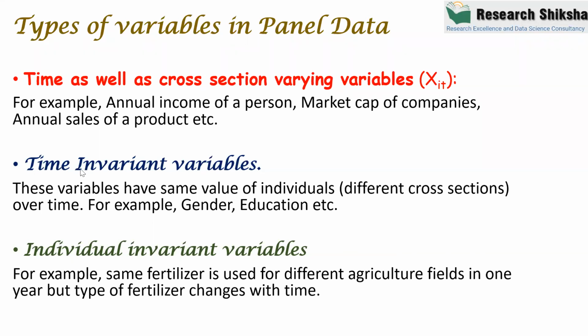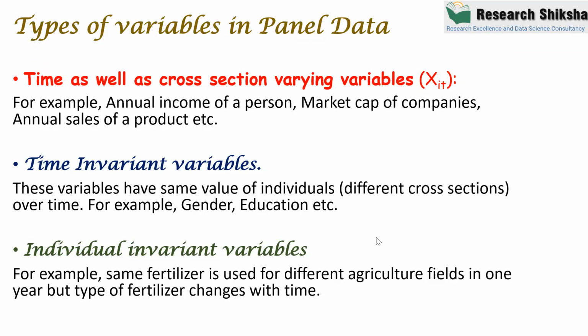Okay. Second is time invariant variables. For example, do you think the gender of the people will change with time? The answer is no. So gender is known as a time invariant variable, right? There are many variables which will not change with time. For example, the physical distance between India and Japan or Dubai will be constant.